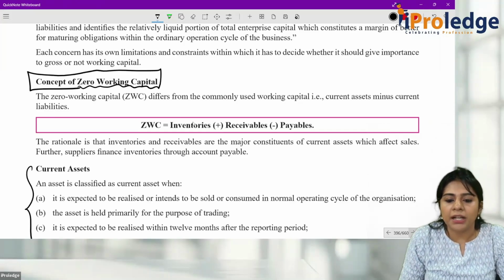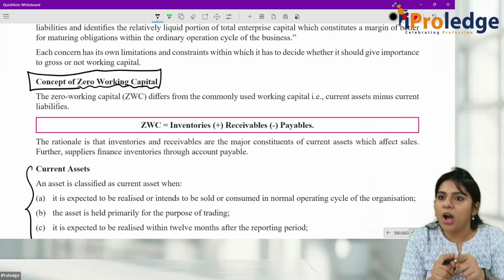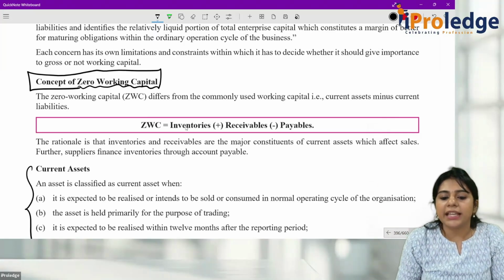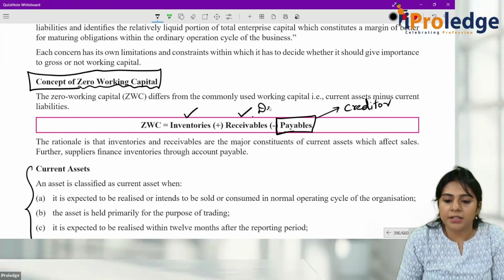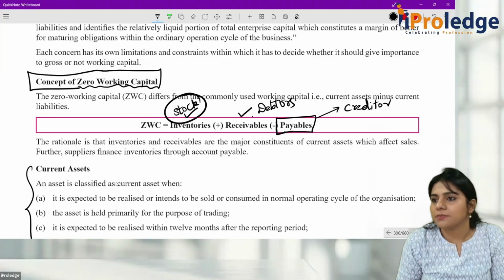What is zero working capital? As they have beautifully shown in the box on your screen, zero working capital means you have inventory, you have receivables minus the payables. Payables is my creditors' amount that I need to pay them. How much money I have from my debtors in the form of receivables, and then how much money I will get by selling my stock.